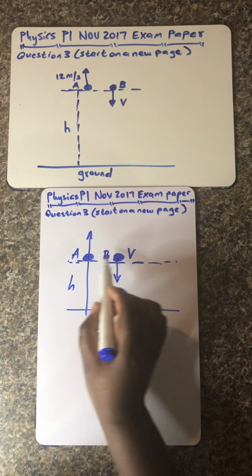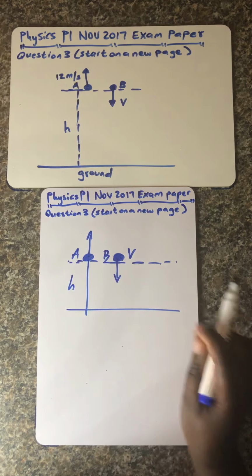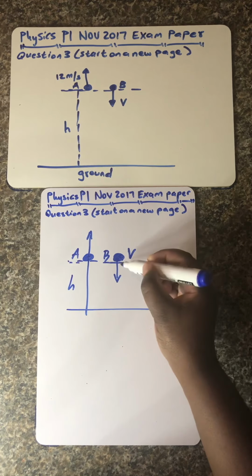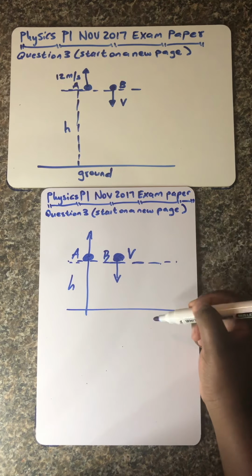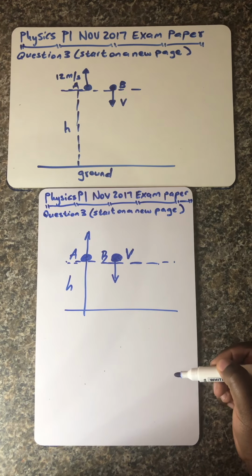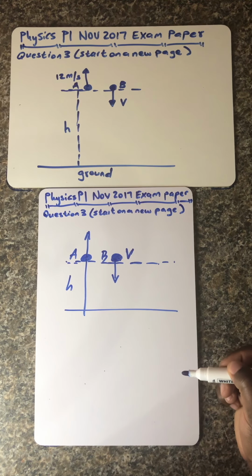So it means A and B are at the same height. And this is thrown vertically downwards at an unknown speed, which is being called V. Okay, so I assume you understand that part.